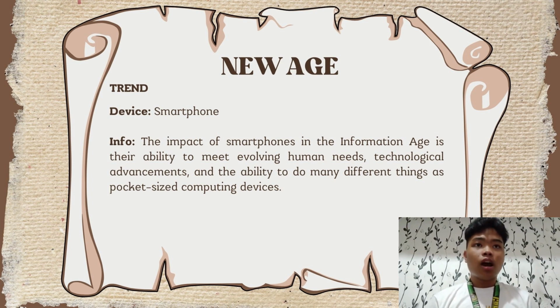We will explore how smartphones have impacted our lives. The impact of smartphones in the information age is their ability to meet evolving human needs, technology advancement, and the ability to do many different things as a pocket-sized computing device.